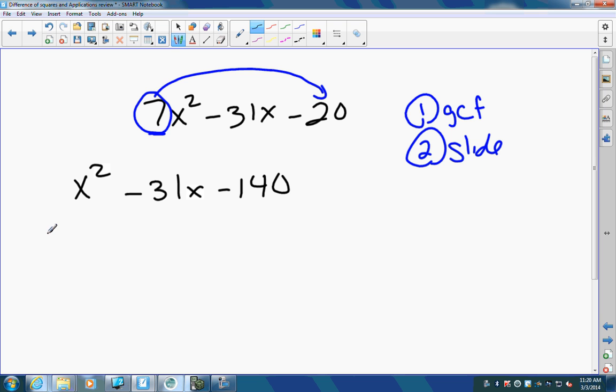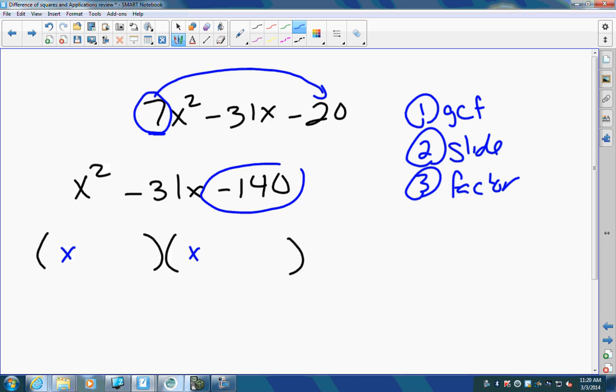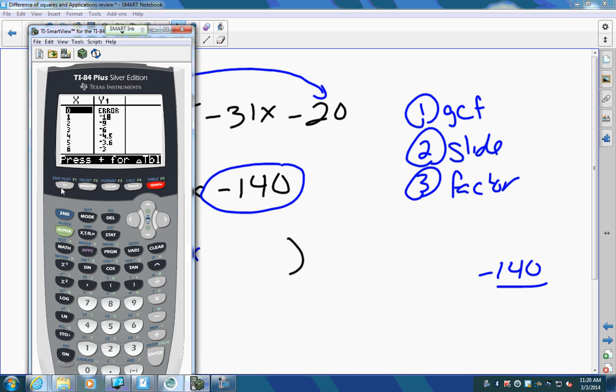So when you go to factor, x squared splits up as x and x. See, step 3 is to factor. Well, I need the factors of negative 140. Okay, so I go into the calculator, go to y equals and put negative 140 divided by x.